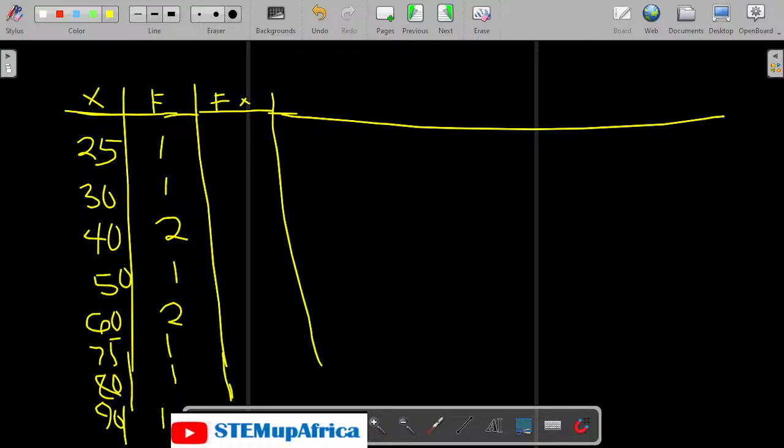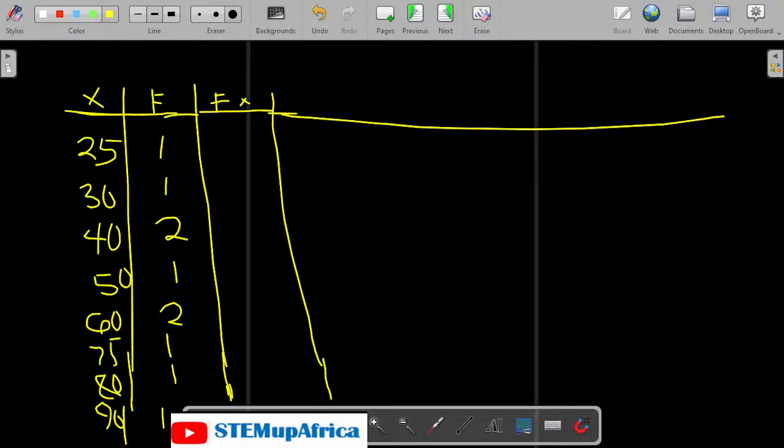Now, if you add 1 plus 2 plus 1 plus 2 plus 1 plus 1 plus 1, you are going to have 10. That's the 10 scores. So let's calculate the mean first.